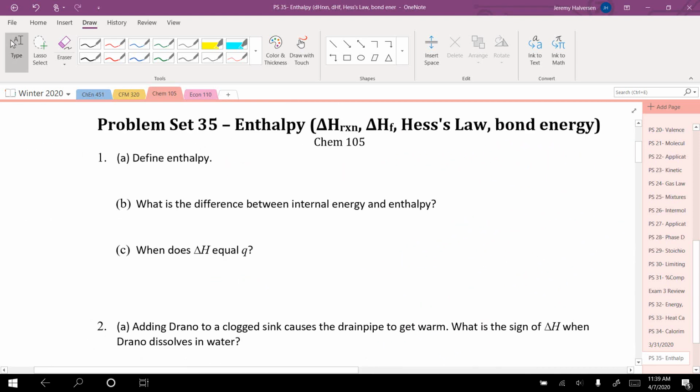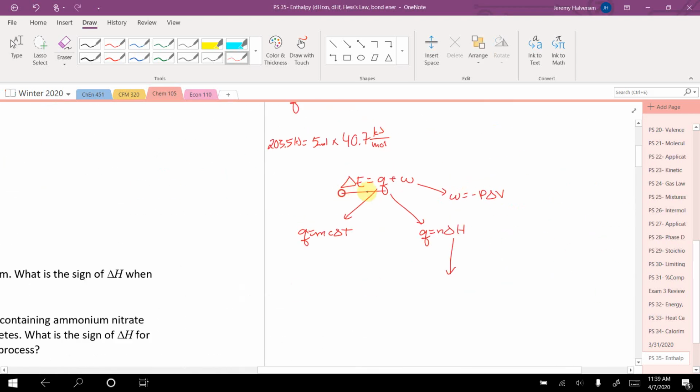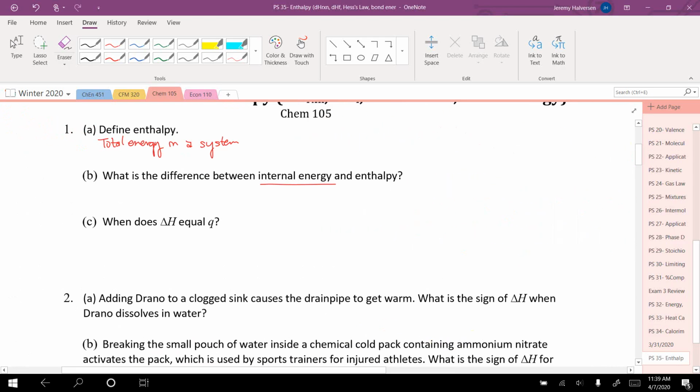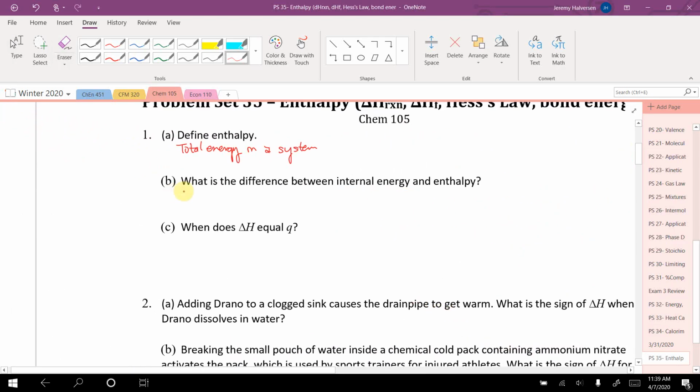First off, we're going to define enthalpy. Enthalpy is the total energy in a system. Okay, and that's different than internal energy. So internal energy is this E we've been talking about here. Change in internal energy is heat and work. So I would say energy includes all the internal energy, the kinetic energy, and the potential energy.